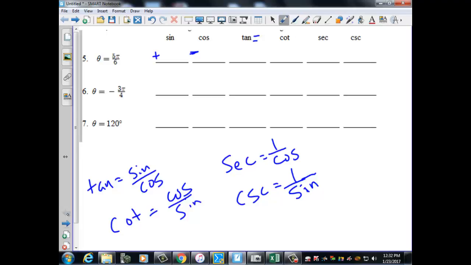Now, with that in mind, tangent is sine over cosine, so positive divided by negative is negative. Cotangent is cosine over sine, so that's negative. Secant is 1 over cosine, so that's negative. And then cosecant is 1 over sine, that's positive. Can we all agree on that?